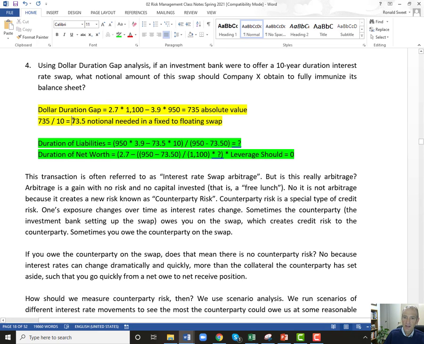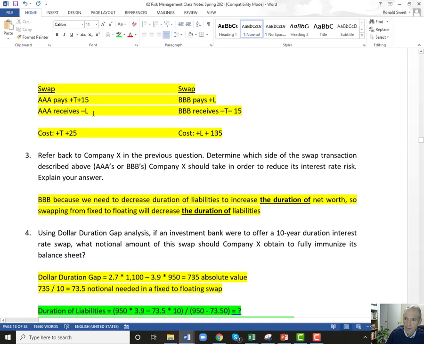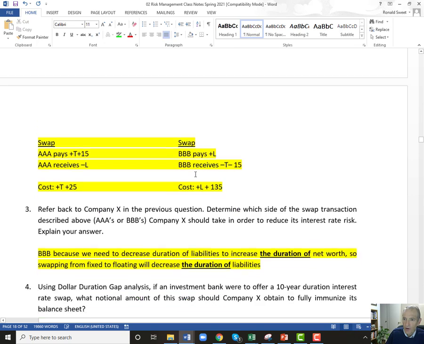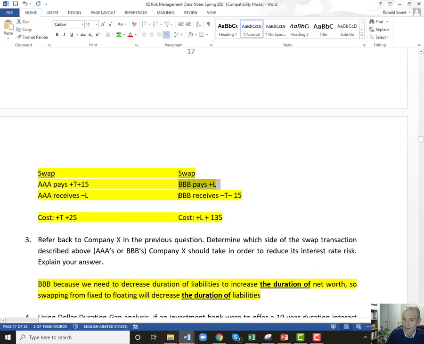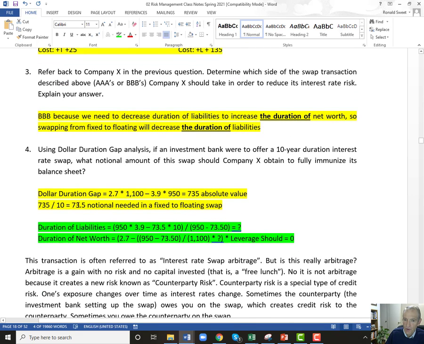But you don't need it for the answer to the question. You don't say we want a notional amount of negative 73.5. What you say is we want a notional amount of 73.5 where we will be on the triple B side. So we want to pay floating and receive fixed. We want to swap 73.5 where we pay floating and receive fixed.